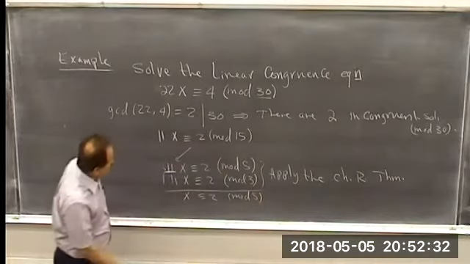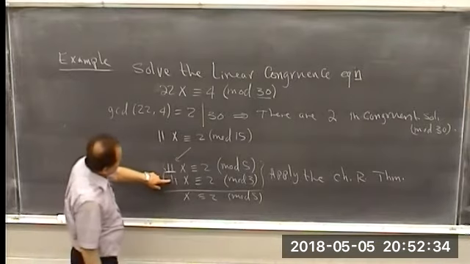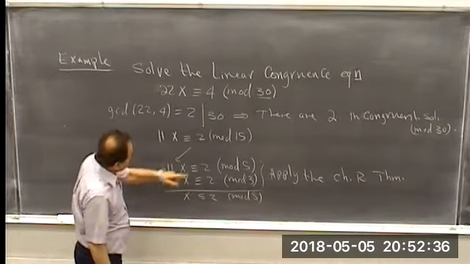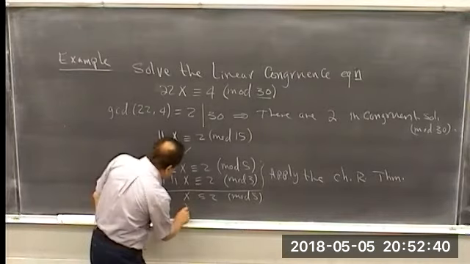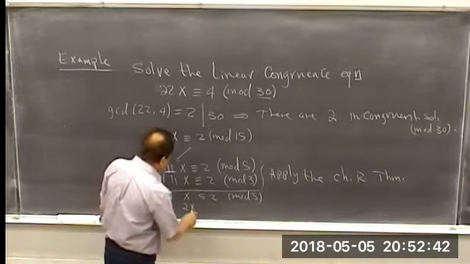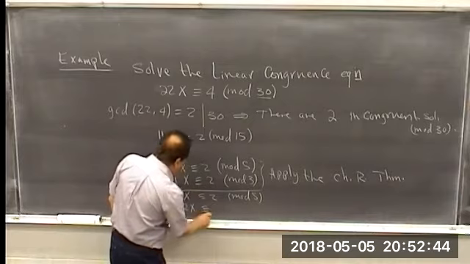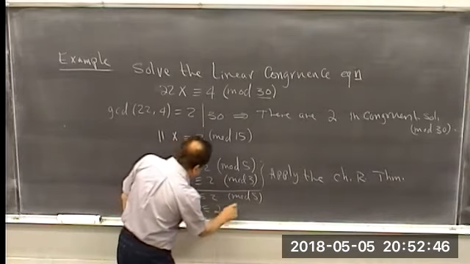And for the next one, we can replace the 11 by a number that is congruent to it mod 3, and that's 2. So 2x is congruent to 2 mod 3.